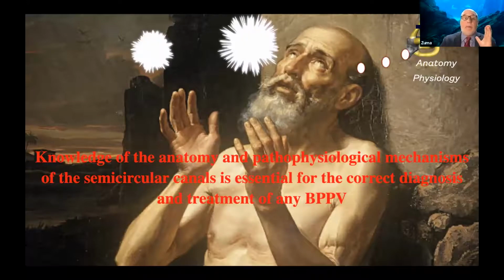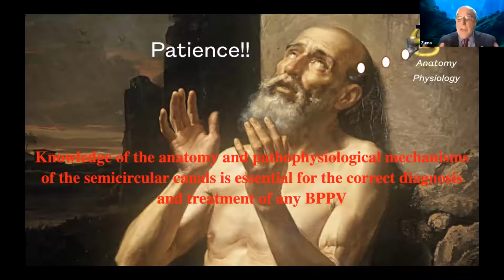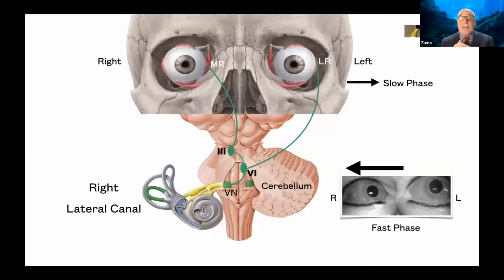And above all, be patient with this kind of patient. Everybody knows that whenever the right lateral canal is stimulated, for example, we have the eye movement fall to the contrary, which means the slow phase. But as you can see, there is the return to the primary position of the eyes with the fast phase. That defines the direction of the nystagmus.